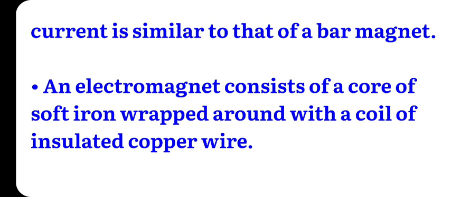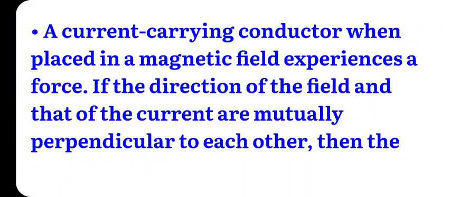An electromagnet consists of a core of soft iron wrapped around with a coil of insulated copper wire. A current carrying conductor, when placed in a magnetic field, experiences a force.